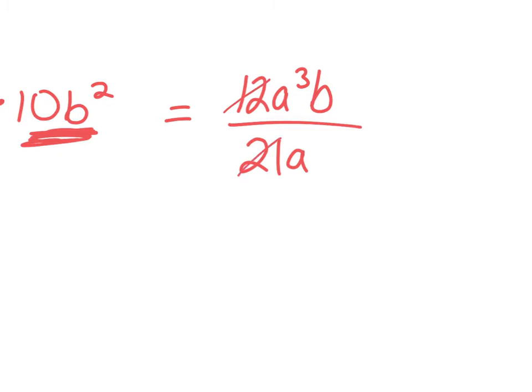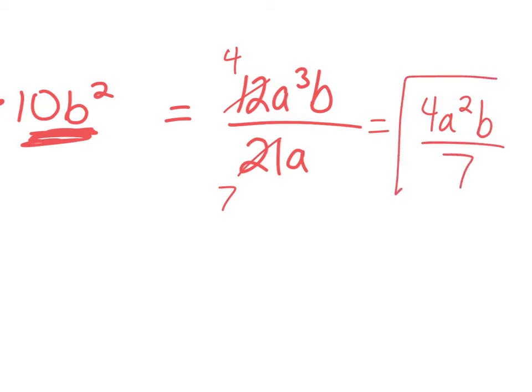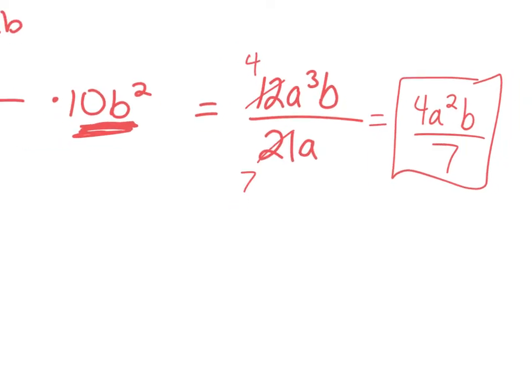So this simplifies to 4 over 7. What about any of those variables? The a to the third over a simplifies to just a squared on the top, because 3 minus 1 is 2. So I got 4a squared b over 7. Is that as simple as it will go? Yep, it is. Questions on that?